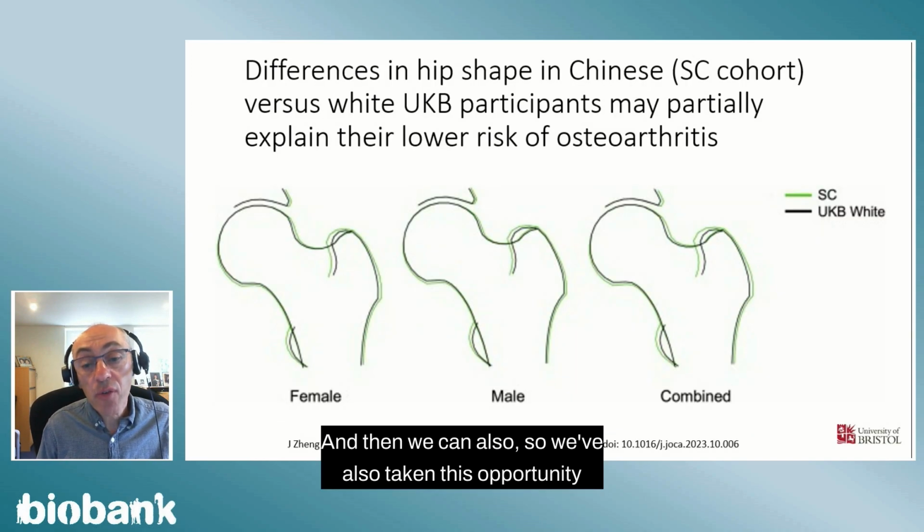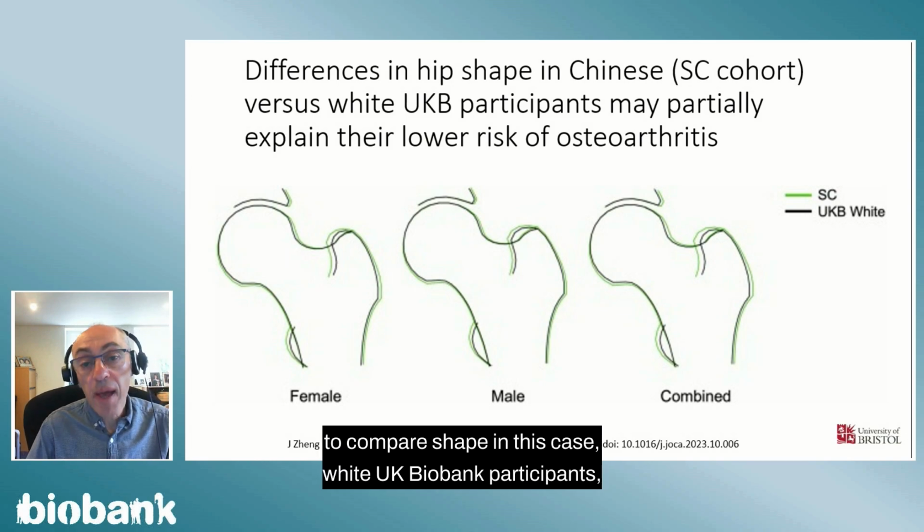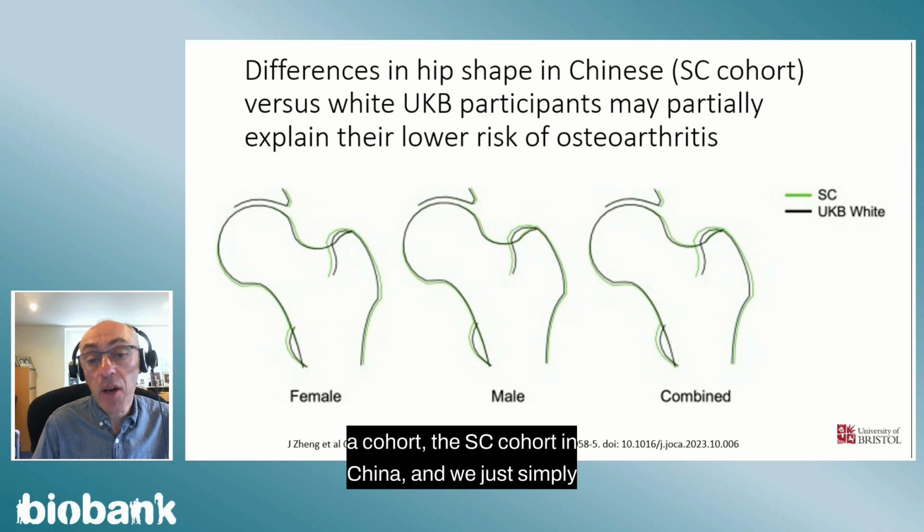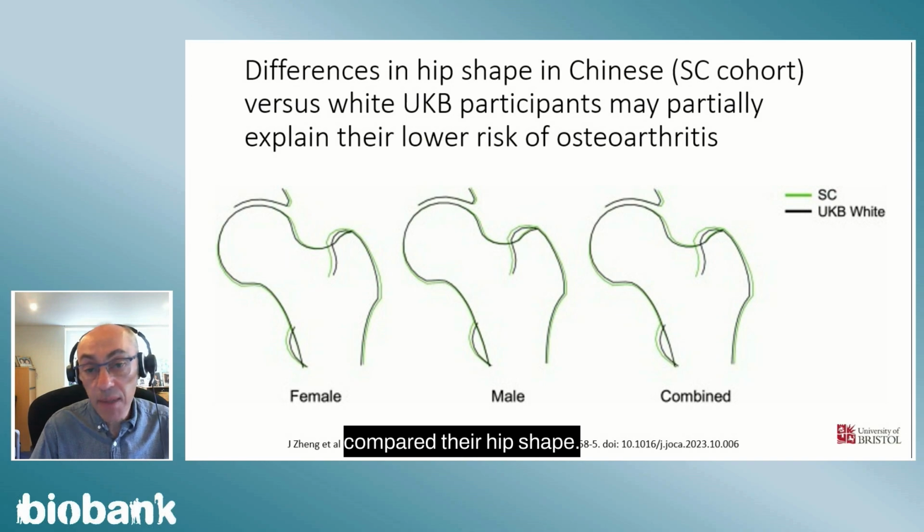We've also taken this opportunity to compare shape, in this case white UK Biobank participants, as a sort of ethnic study, to people from China. We teamed up with a cohort called the SC cohort in China, and we simply compared their hip shape.